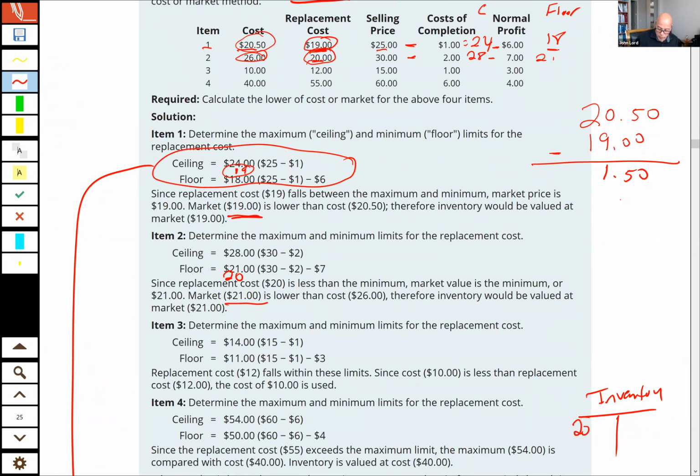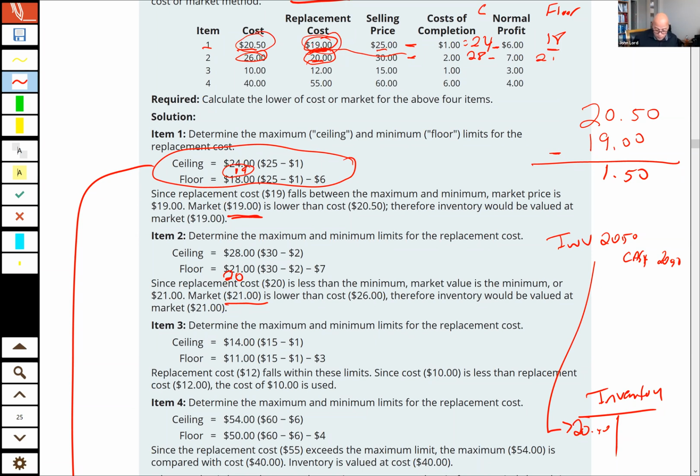That was the cost, right? And I bought the inventory. I debited inventory 2050. I credited cash or accounts payable, whatever, right? When I bought that inventory, that's its cost, right? And I looked and I did this analysis. I decided 19 is the appropriate market by evaluating the 19 against the ceiling and the floor.